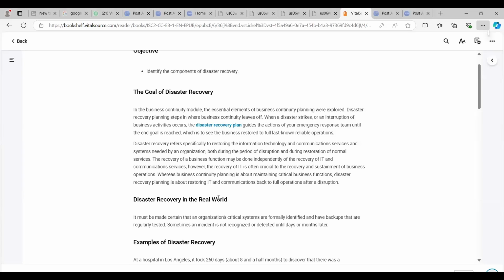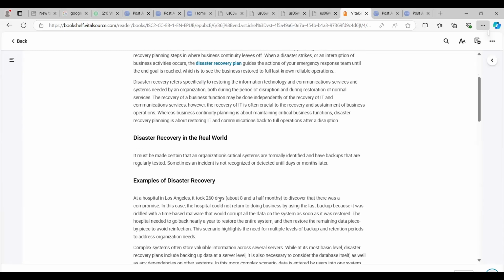So if the incident response plan has failed and the business continuity plan has failed, then you want to come to this disaster recovery plan. When a disaster strikes or an interruption of business activities occurs, the disaster recovery plan guides the action of your emergency response team until the end goal is reached, which is to see the business restored to full last known reliable operations.